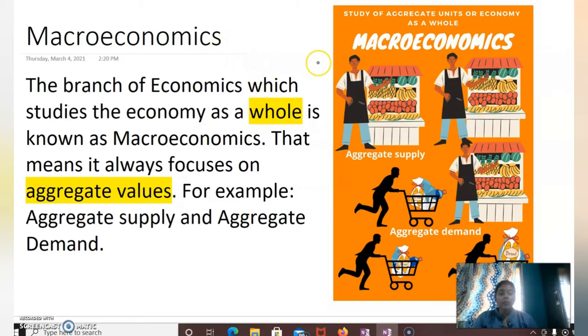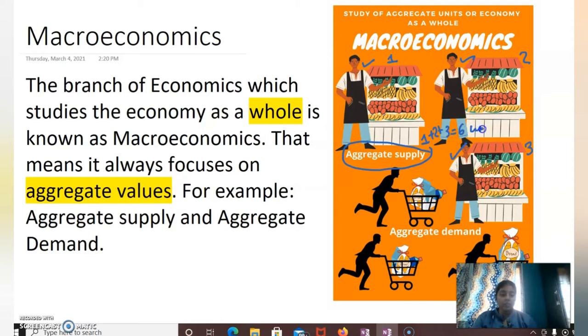For example, if we add this first supplier, second supplier and third supplier, then all together the supply will be counted as 1 plus 2 plus 3. 3 plus 2 is 5, plus 1 is 6.